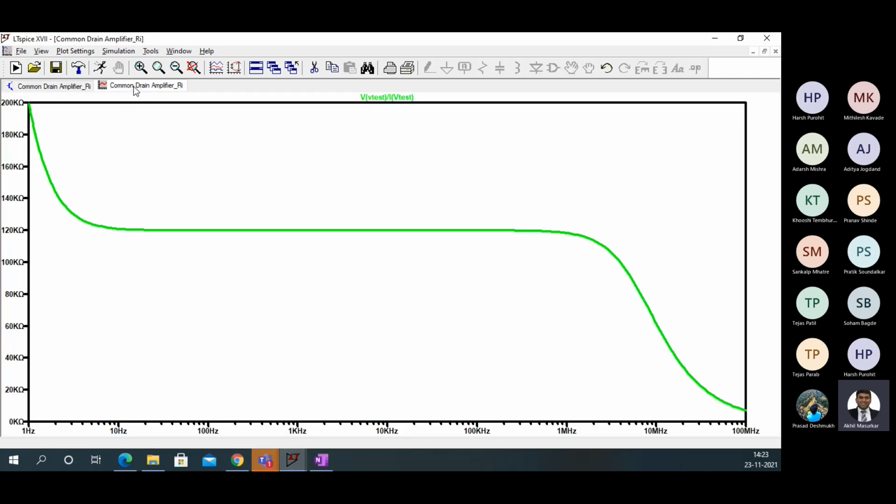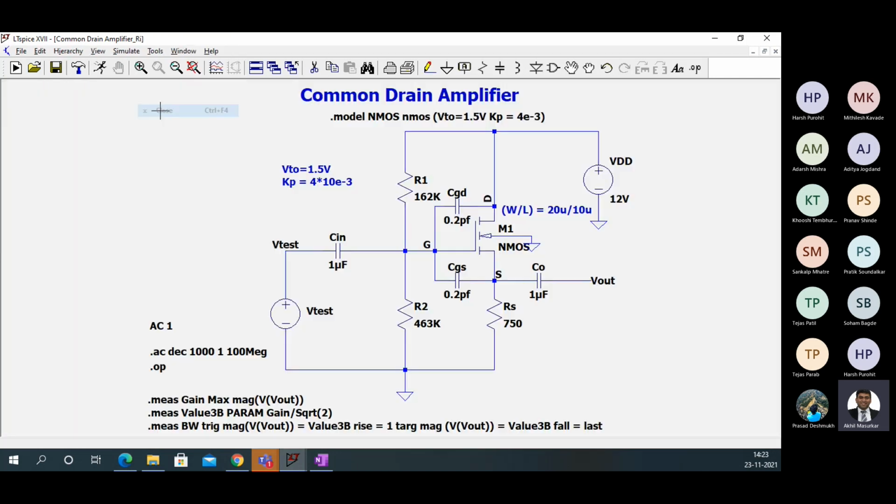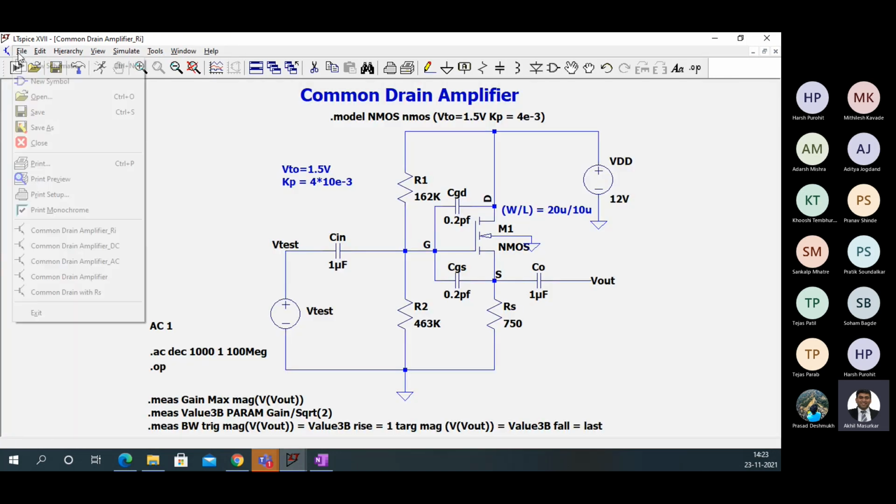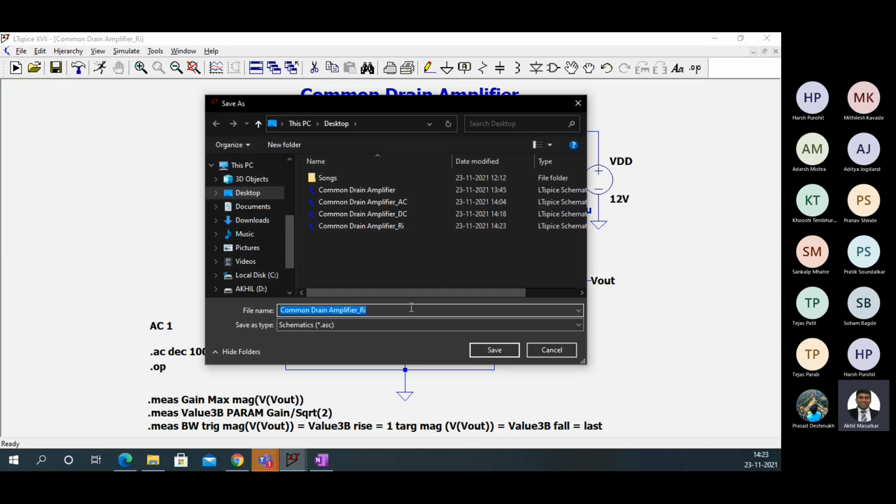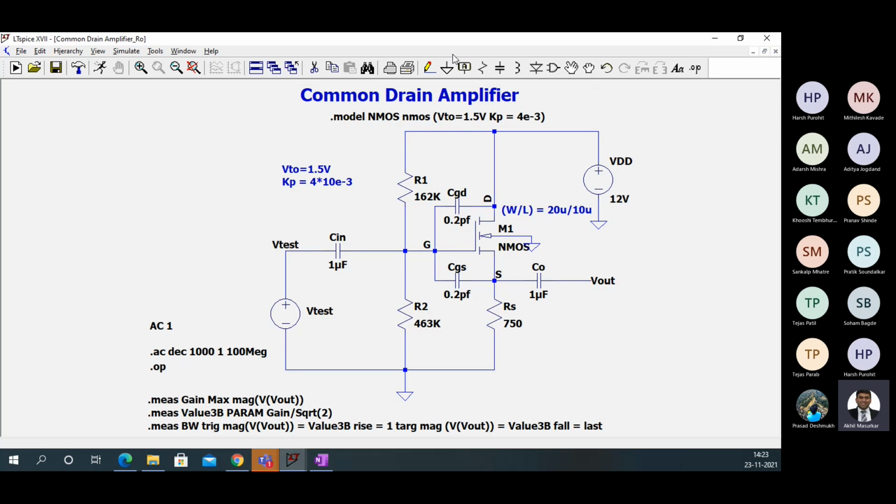Now in the same way, we can also measure R0. So I'll say file save as R0 and remove this from here and connect it on the output side.